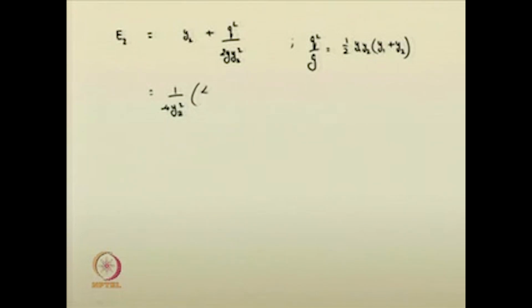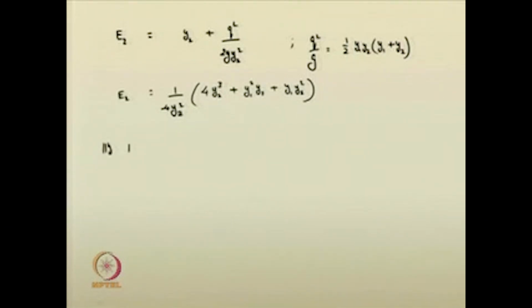You incorporate this relationship here as well. So, I will get a corresponding form, 1 by 4 y2 squared into (4 y2 cube plus y1 squared y2 plus y1 y2 squared). Like this, I will get an expression for E2 in terms of y1 and y2.